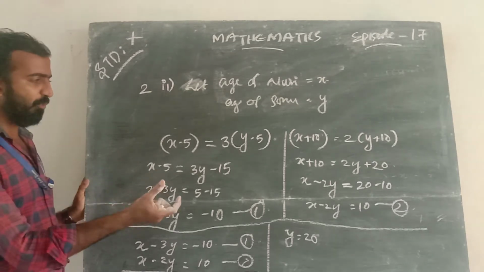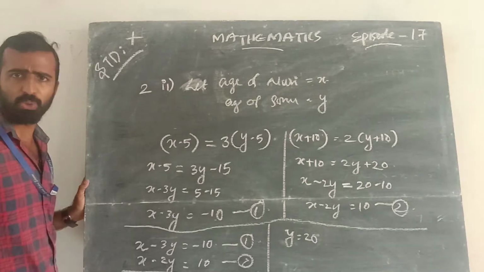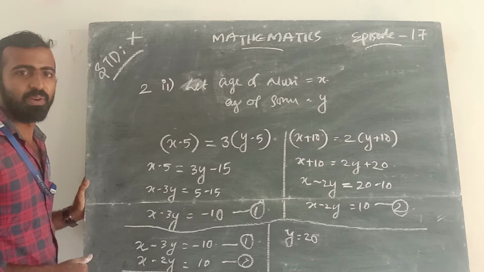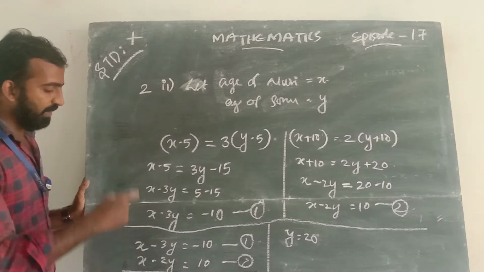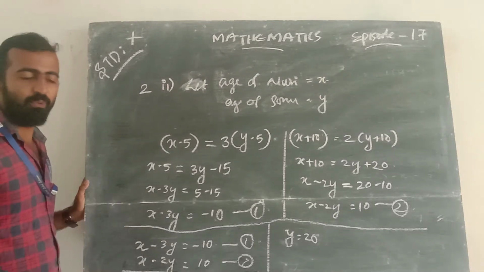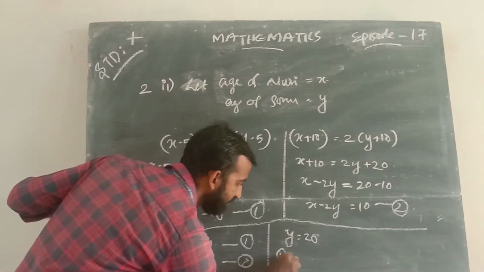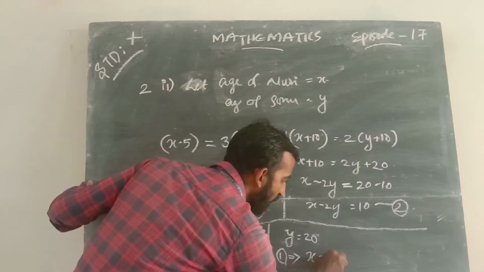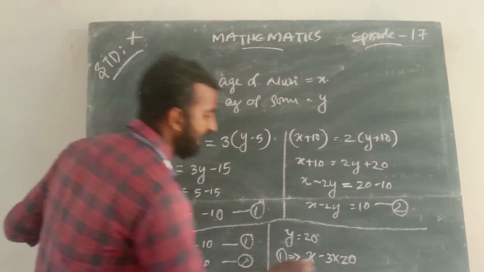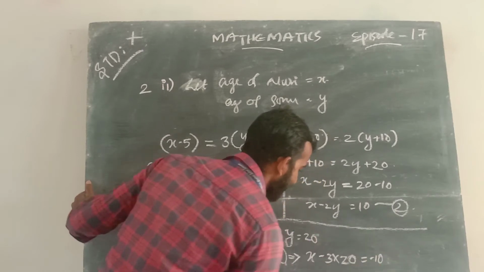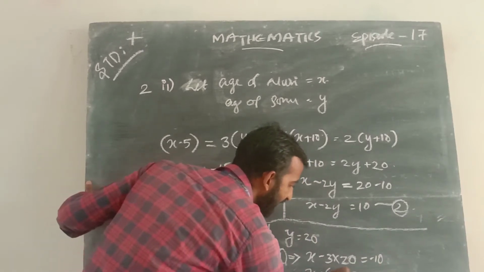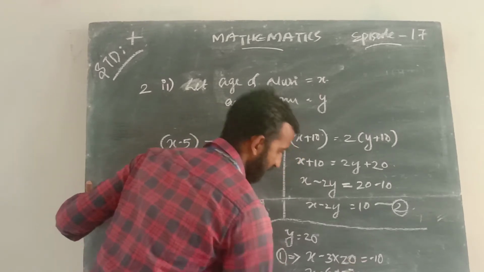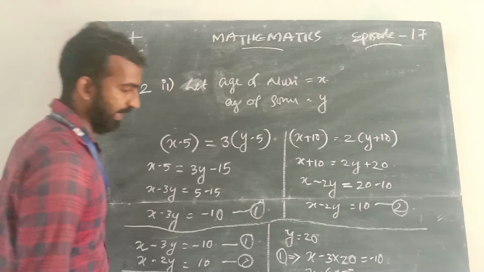When we put the value of y in equation number 1 or 2, as you like, we get the value of x. Here we put the value of y in equation number 1: x minus 3 into 20 equal to negative 10, that is x minus 60 equal to negative 10.